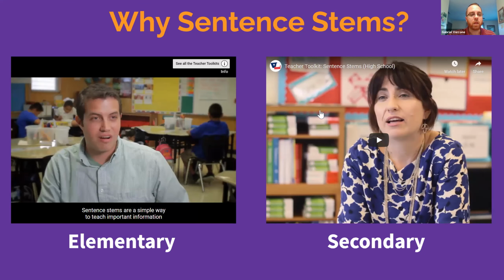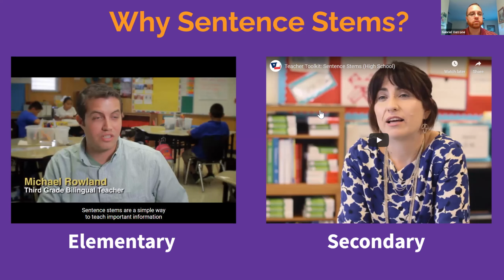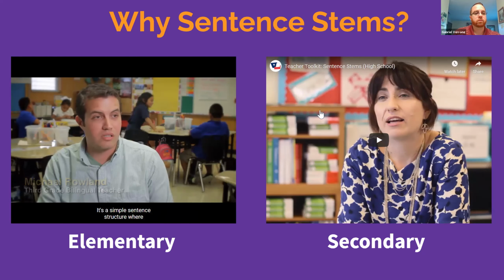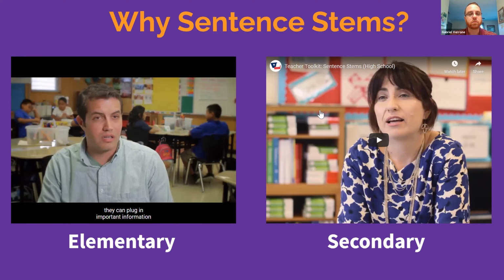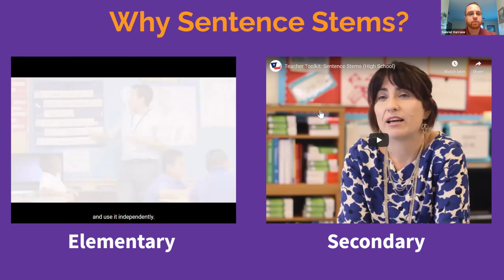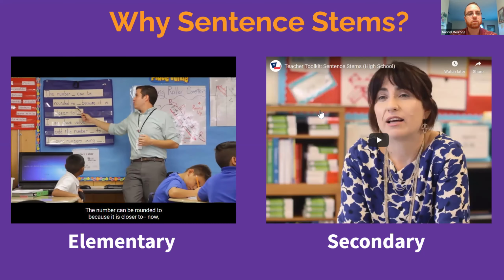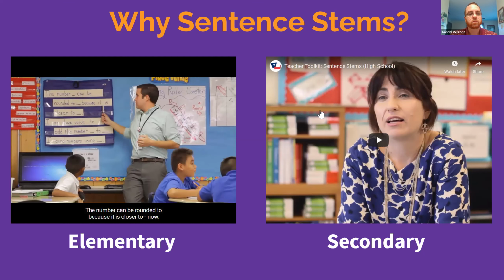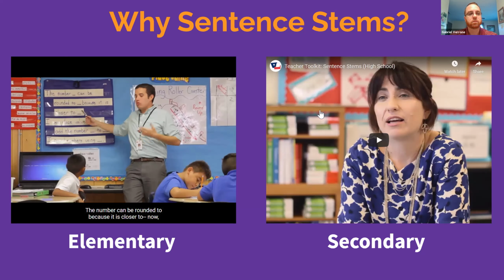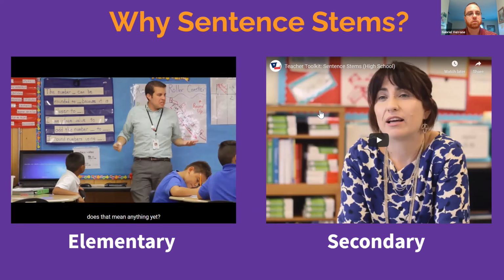Sentence stems are a simple way to teach important information to students so that they can use it again in the future. It's a simple sentence structure where they can plug in important information and use it independently. The number can be rounded to because it is closer to. Now, does that mean anything yet?